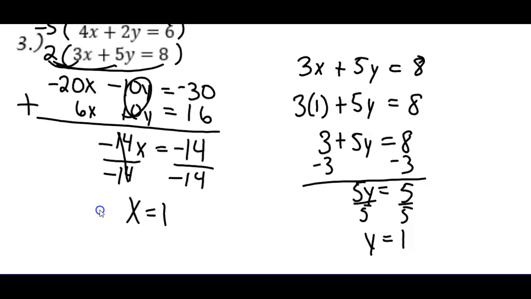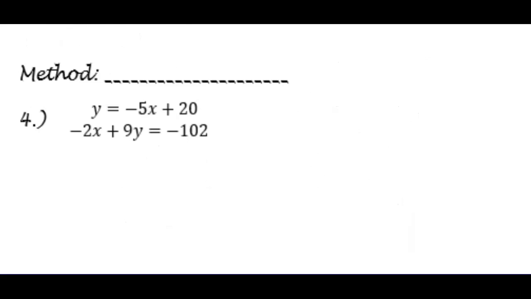Okay? Questions? Fantastic. Number 4, what method did you use? Substitution? Good. What did you get for an answer? 6, negative 10. Anybody get a different answer? Do we need to go through this one?